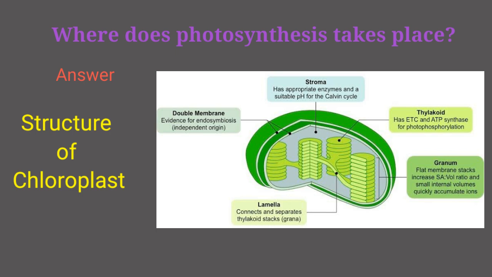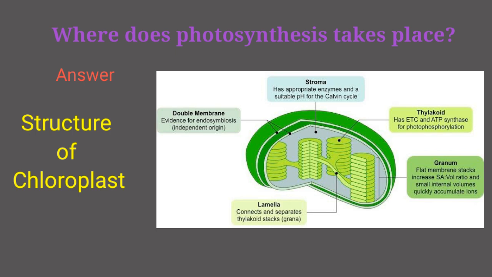So the chloroplast is a very important structure for a cell, especially in the plant body. As you know, the chloroplast or the plastids are present only in plant cells. It is not present in animal cells. And for that particular reason, as the whole process of photosynthesis takes place in the chloroplast, only plants can prepare their own food.